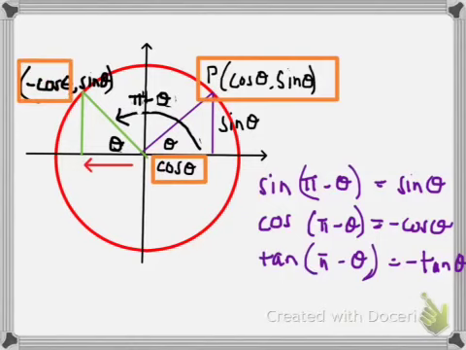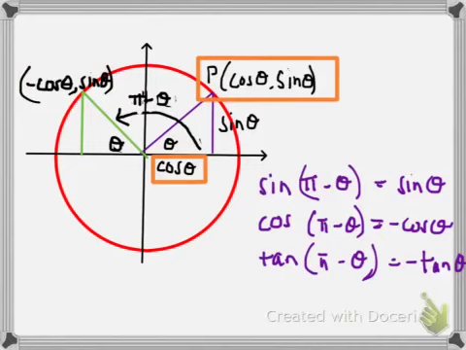For this green triangle over here, you can see that our sine theta is still positive. It's still that length there. So we've still got positive sine theta. So when we go into this second quadrant, in that green triangle, we've got cosine being negative and sine being positive.